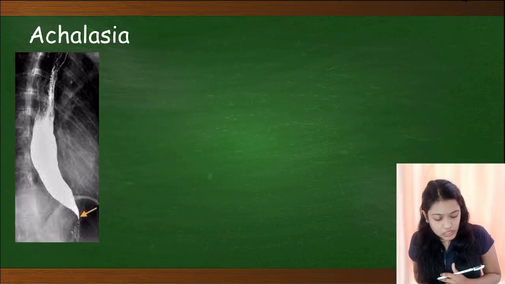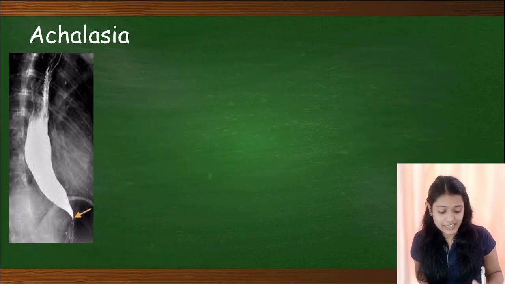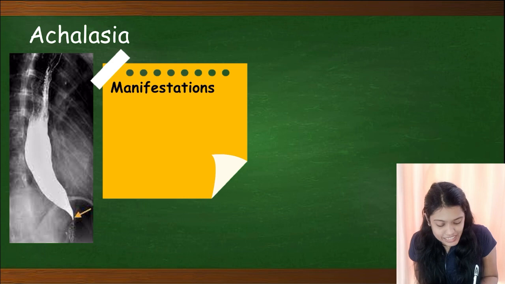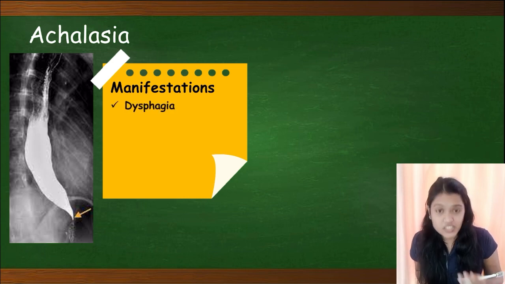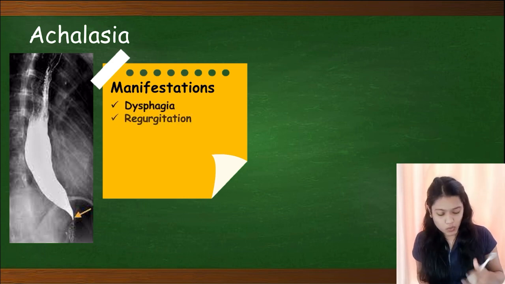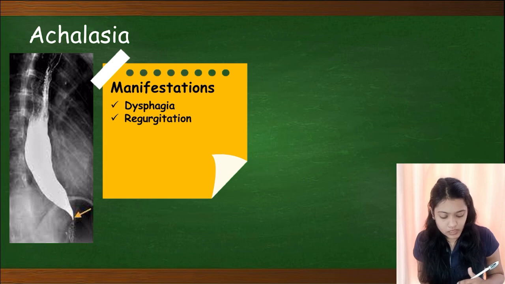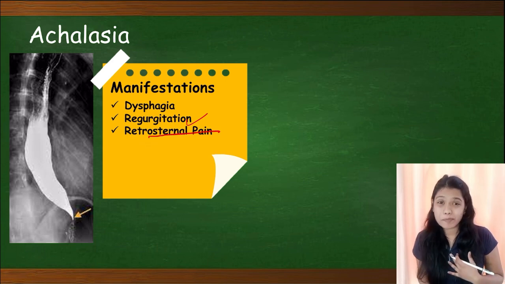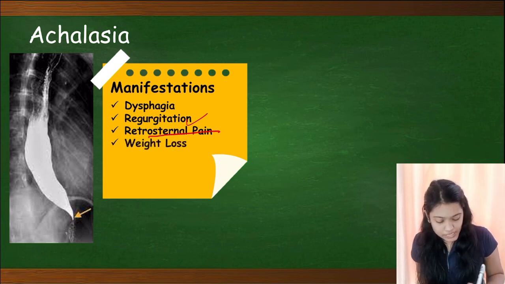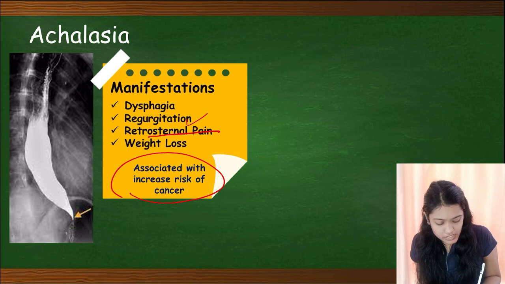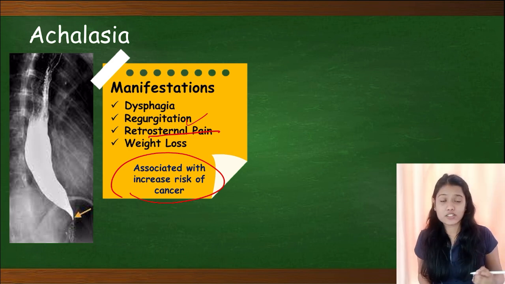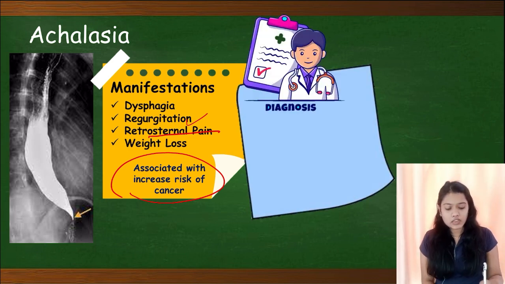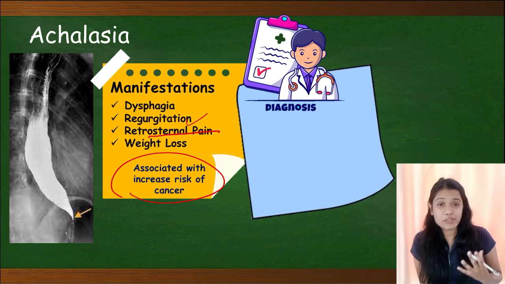Now, for achalasia, the manifestations are dysphagia, meaning difficulty swallowing. Other than dysphagia, there is regurgitation, then retrosternal pain, weight loss, and it is also associated with increased risk of cancer. Now, what can be the diagnosis?